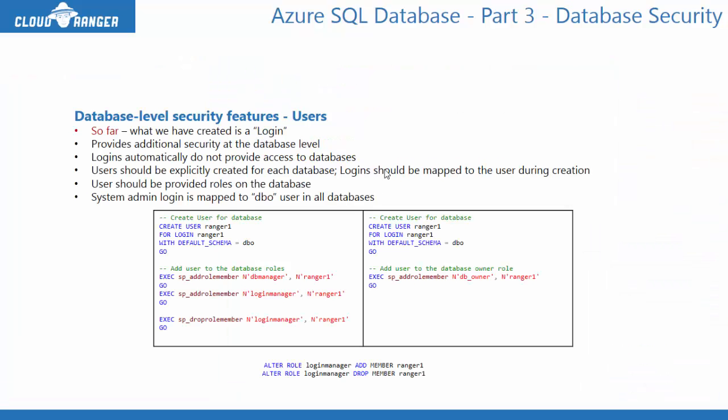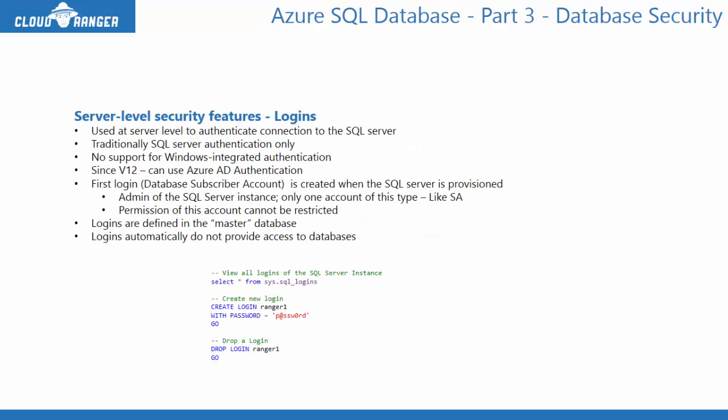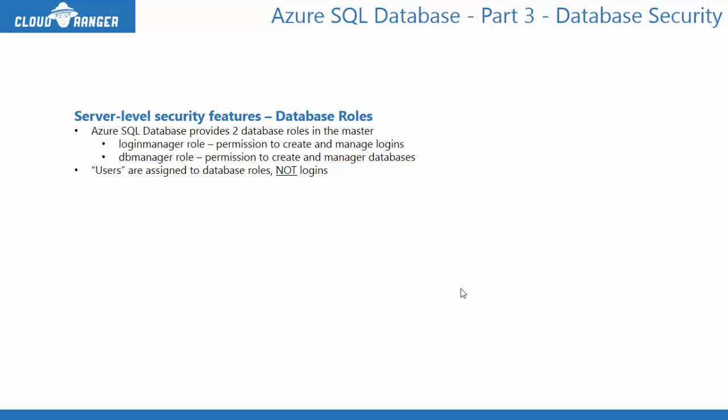Okay? So this is where I want to go back to the slide that we had created over here as the server level security features and talk about the database roles. So there are multiple database roles. For the master database, there are two specific roles in Azure SQL databases that you should be interested in. One is the login manager role, and one is the DB manager role.